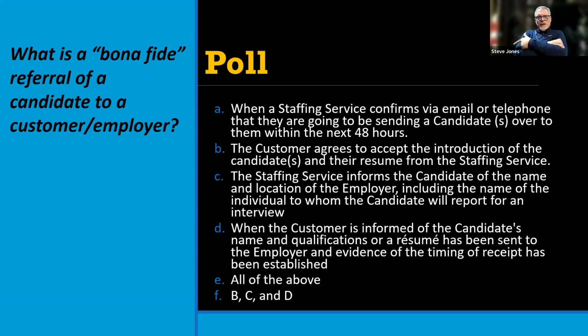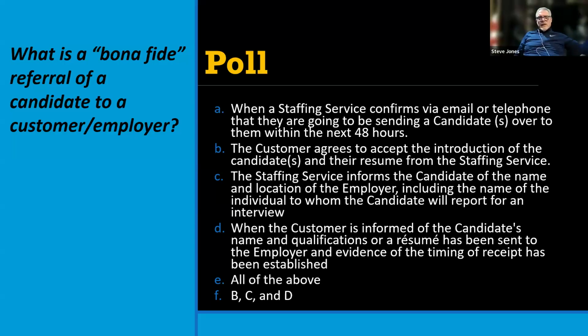Number D, when the customer is informed of the candidate's name and qualifications, or the resume has been sent to the employer as evidence. So basically, B said you're allowed to submit candidates. The customer said, yep, you're allowed to submit candidates.